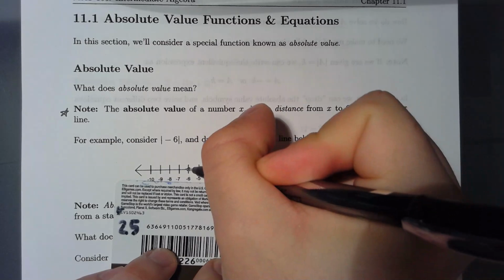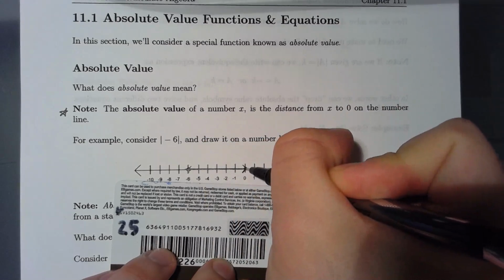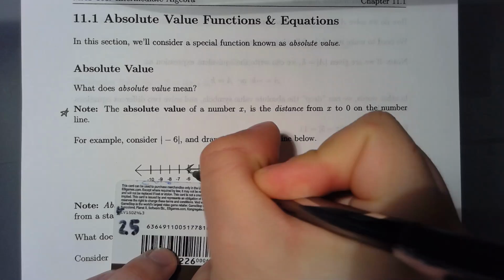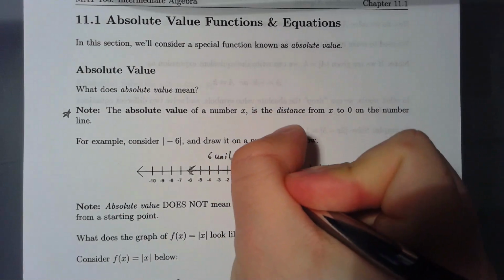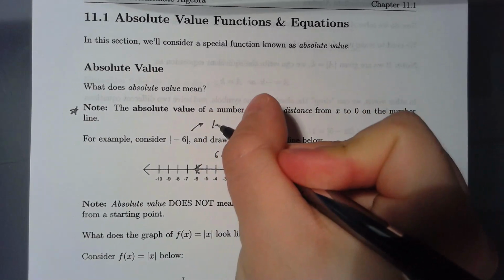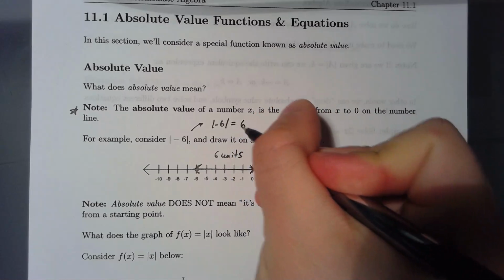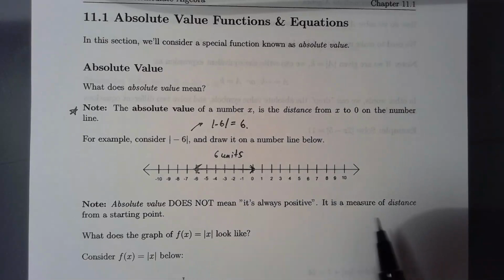That distance right there is a measure of 6 units. That's why we could say the absolute value of -6 is 6. That's it. Because it's 6 units.